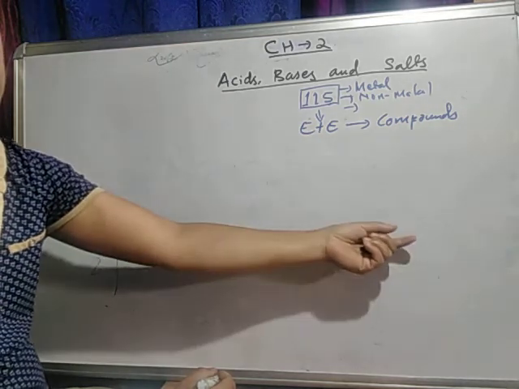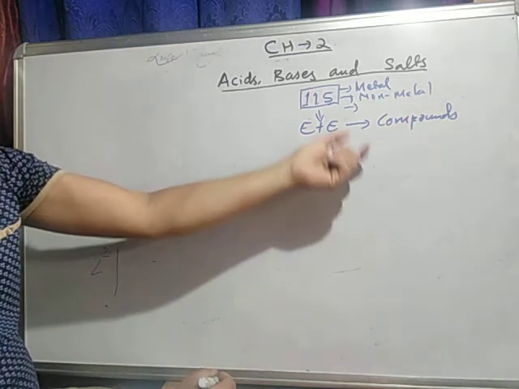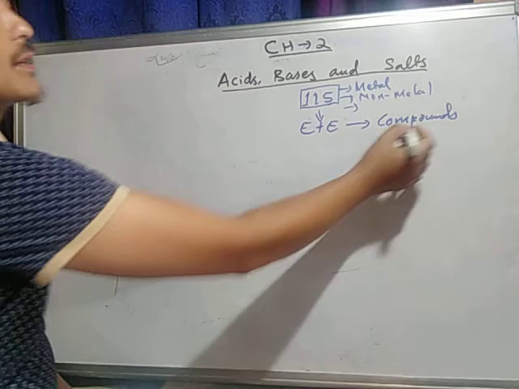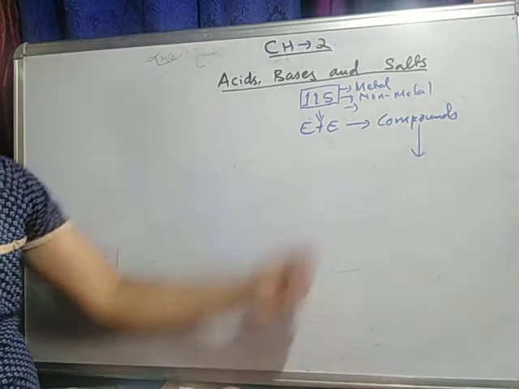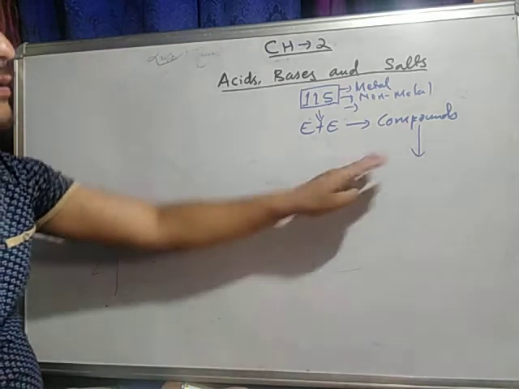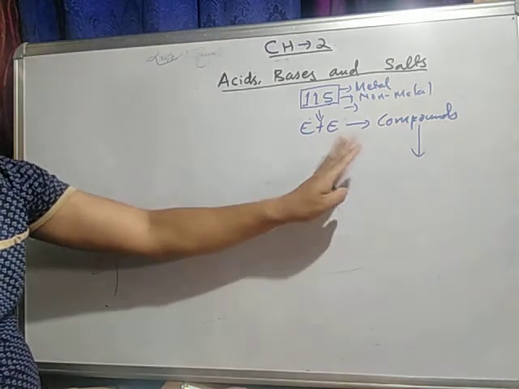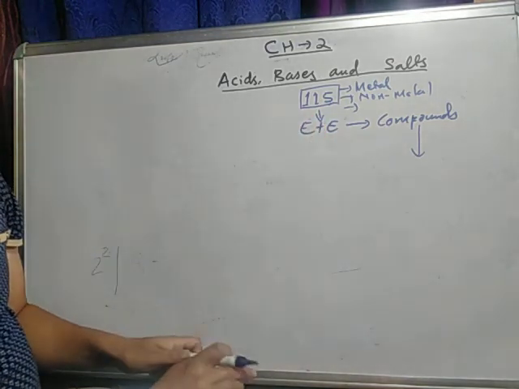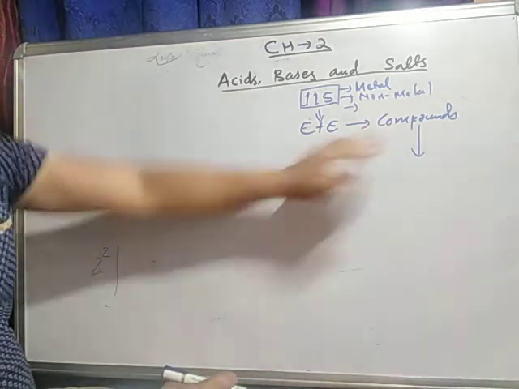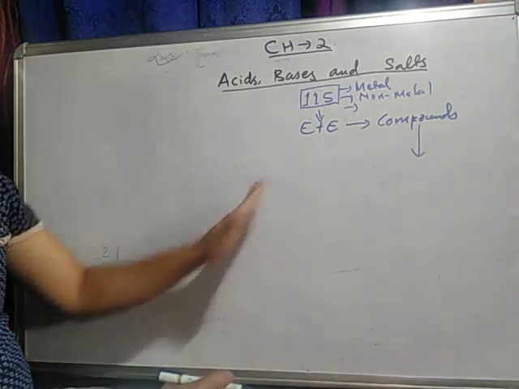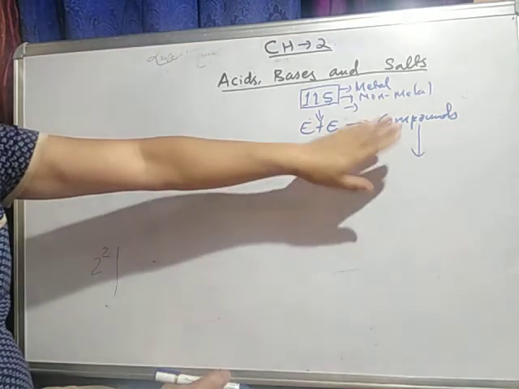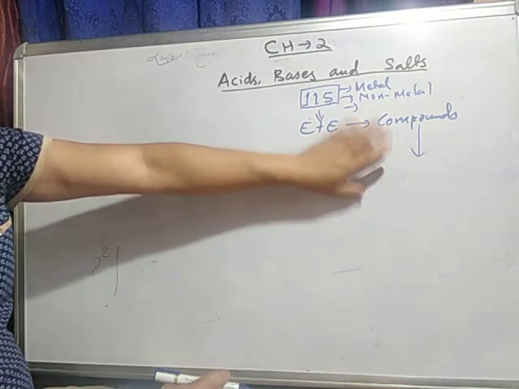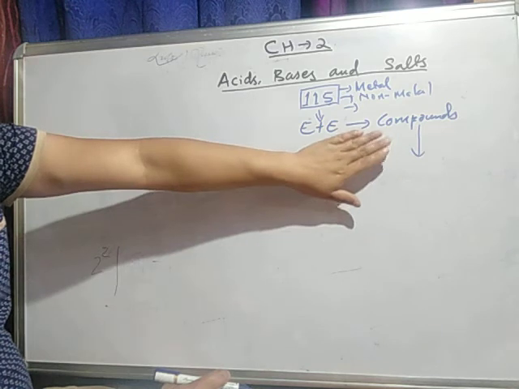Likewise, if you think about these 115 elements, they combine and form so many compounds. These compounds have different chemical properties, because the elements are different. On the basis of their chemical properties, all these compounds formed by these elements can be classified into 3 groups.